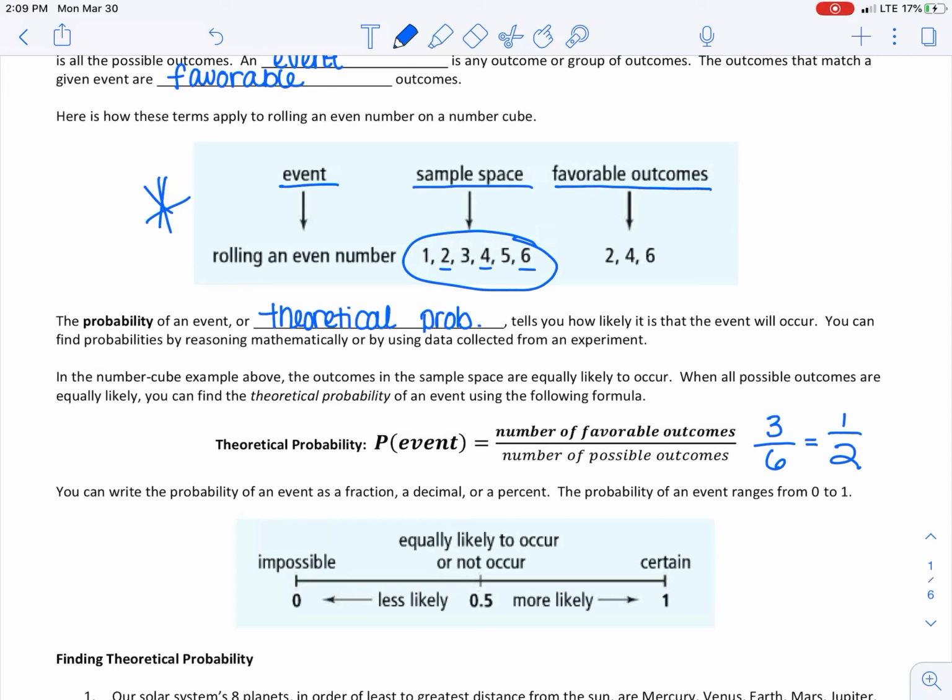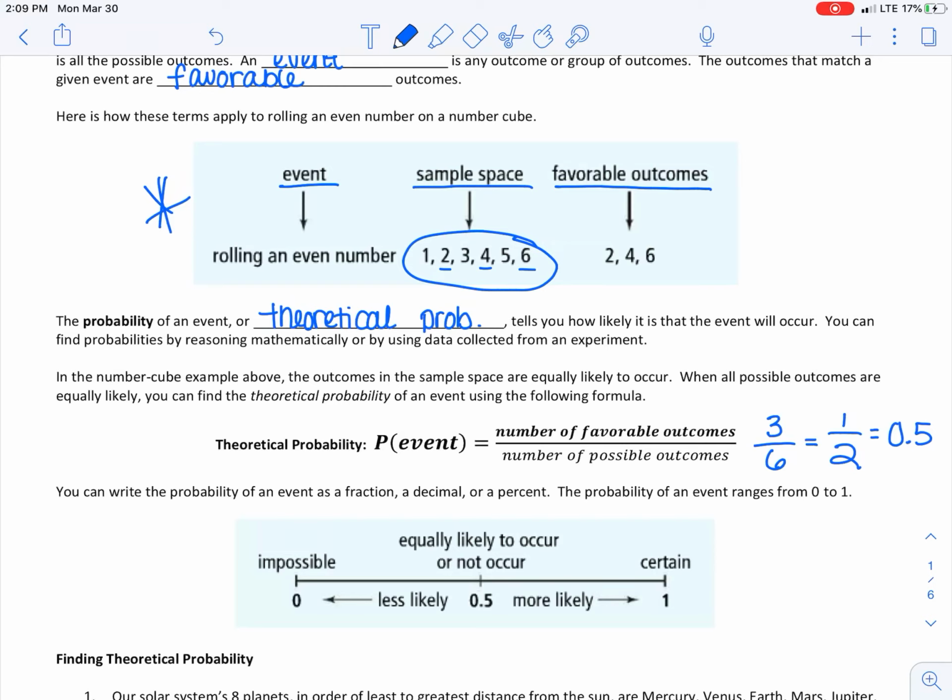Okay, so you can write the probability of an event as a fraction like we did above. You can also write it as a decimal. So this would be 0.5 as a decimal if you took 1 divided by 2 in your calculator. Or you can write it as a percent.